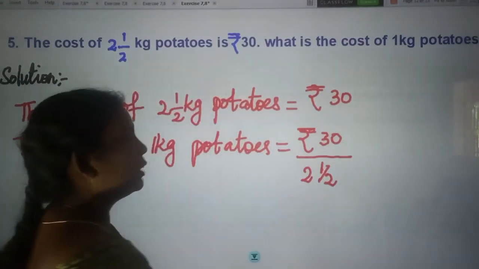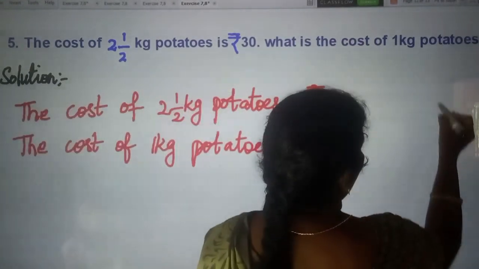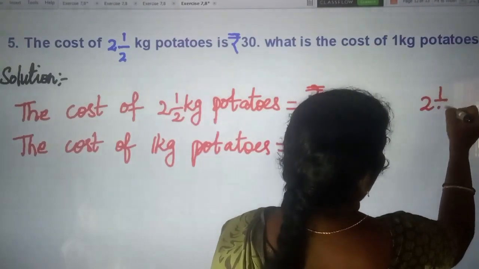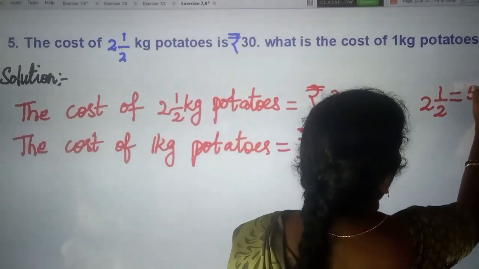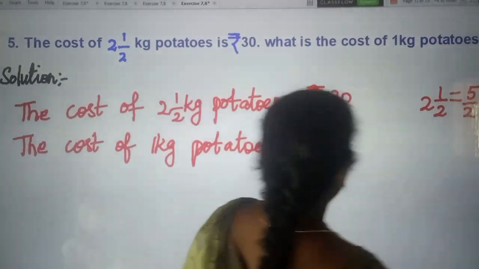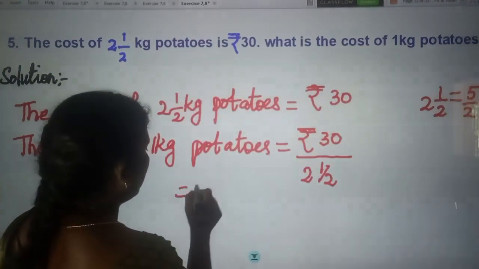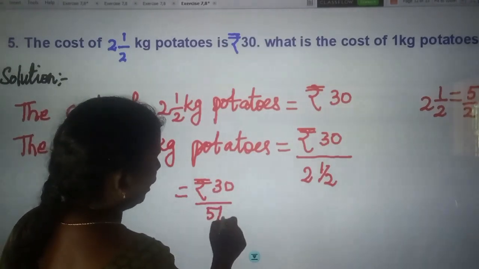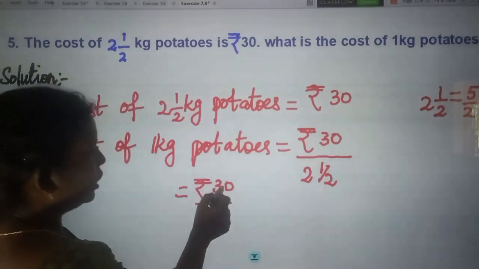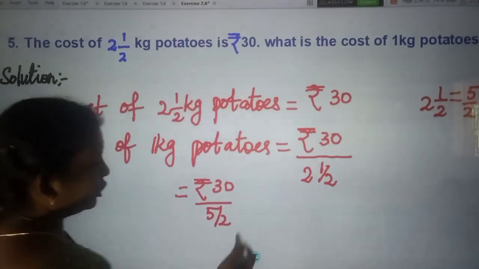This 2½ is a mixed number, ma. Hence, we are going to convert this mixed number into an improper fraction. 2 2s are 4, 4 plus 1 is 5. Therefore, 5 by 2. Therefore, we are going to calculate this way, ma. Rupees 30 divided by 5 by 2. Here already 30 is there, divided by a fraction.